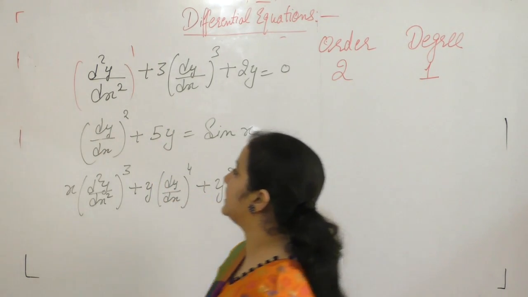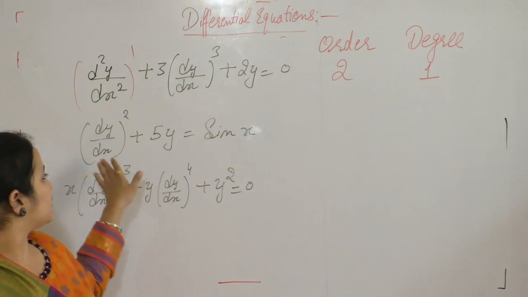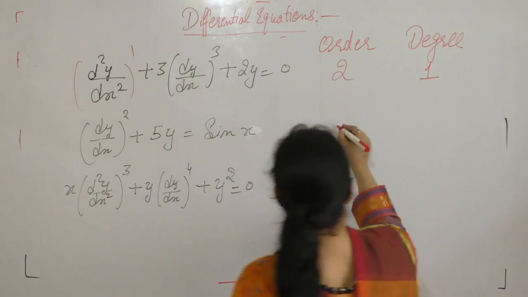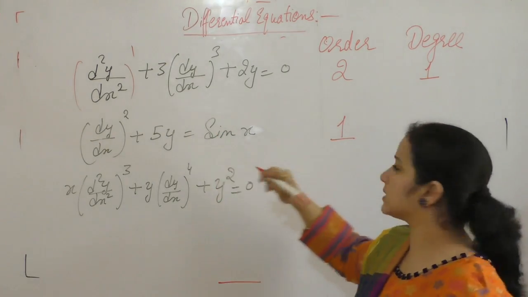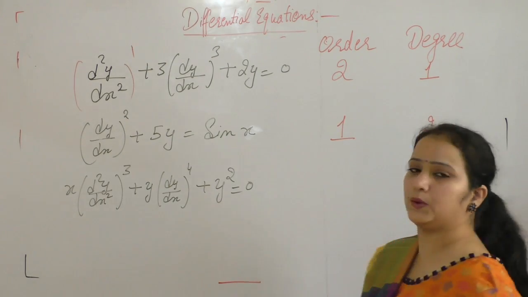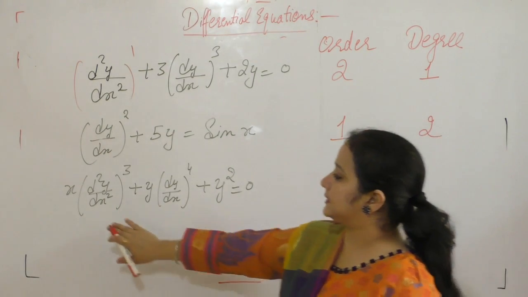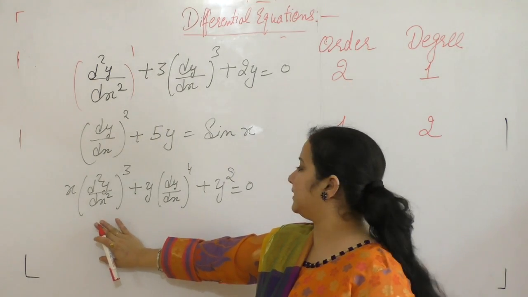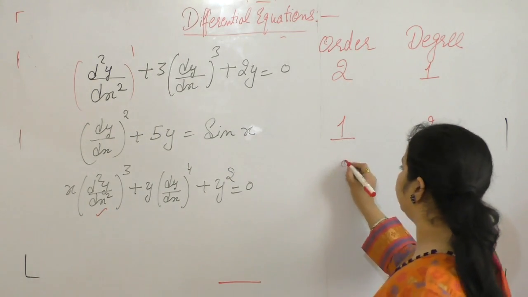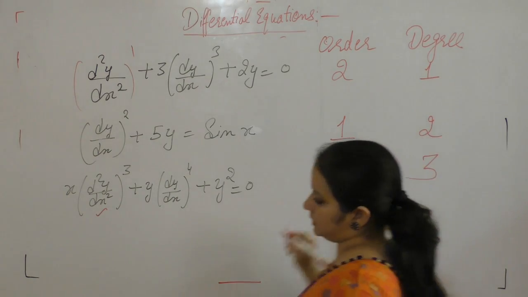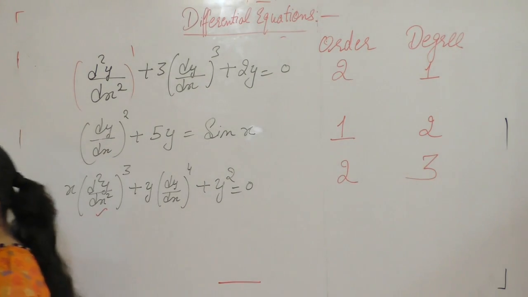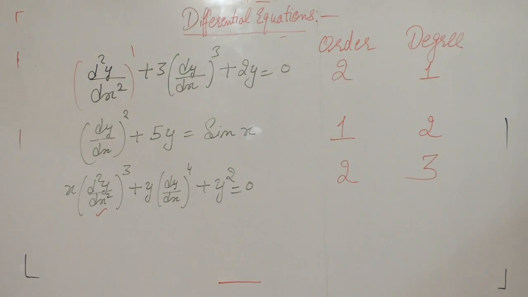Now in the second case, order is first order derivative here. So order is 1 and its power is 2. So degree is 2. In the third equation, highest order derivative is second order derivative and its power is 3. So order 2 and degree 3.